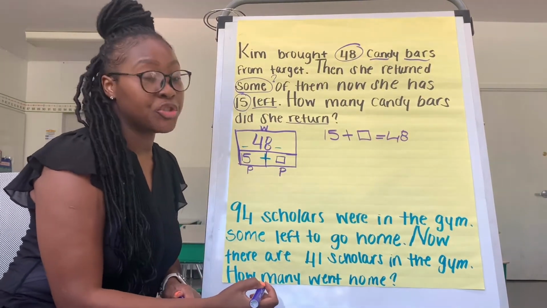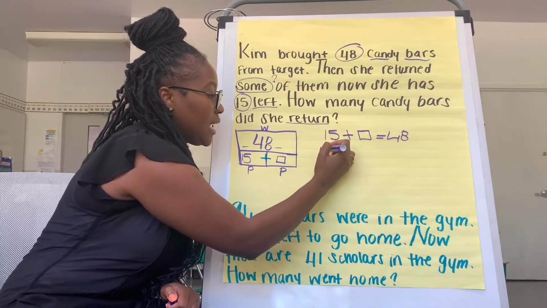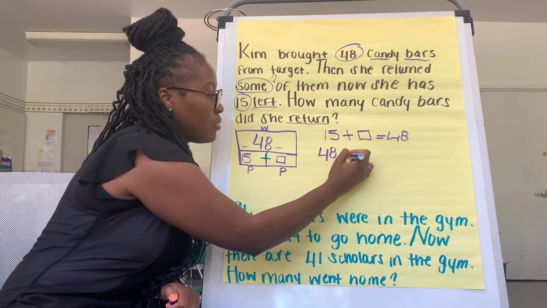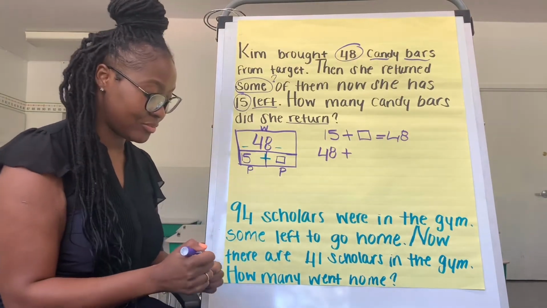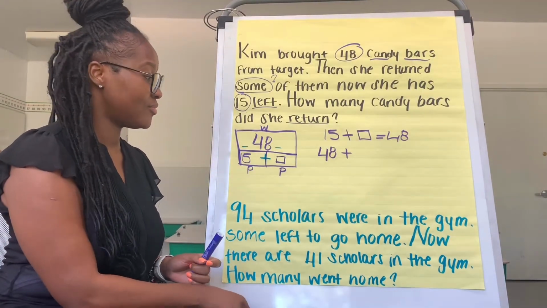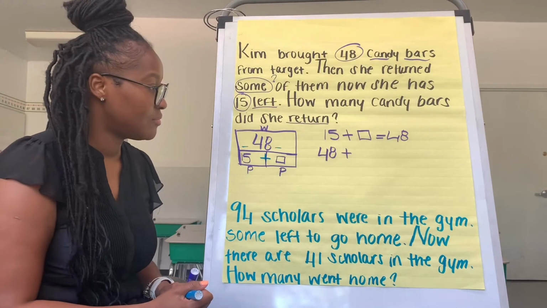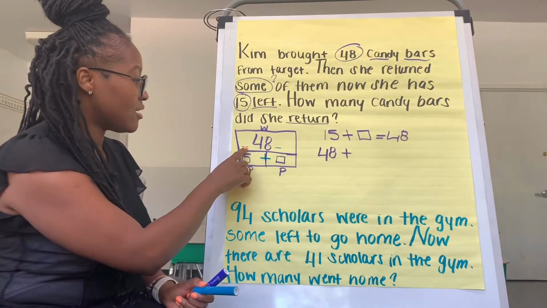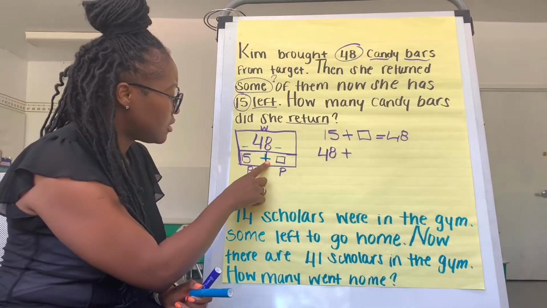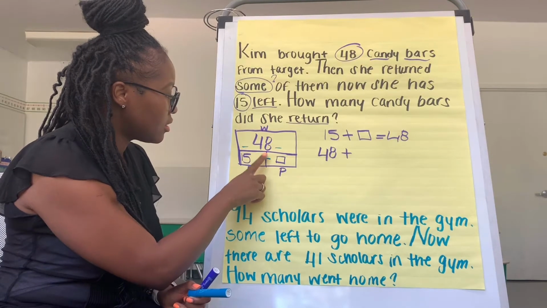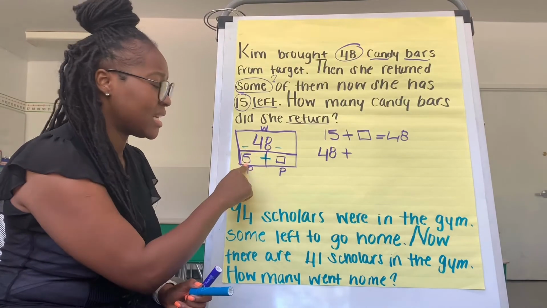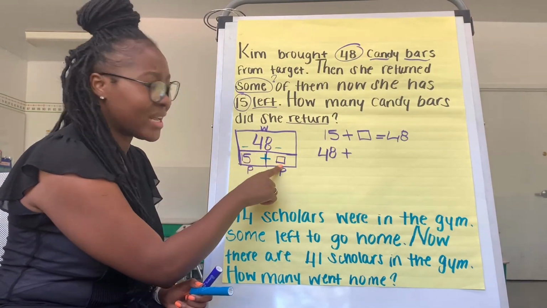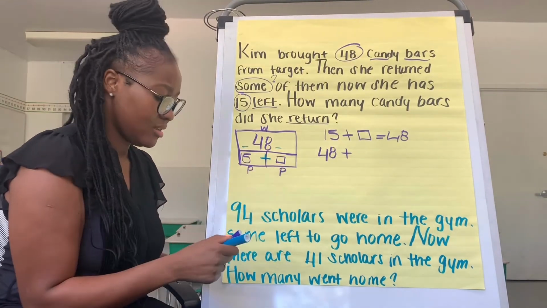Or I can do 48 plus, not plus, silly Miss Cruz. No. Someone help me. Let me use my little trick. Okay, I need to minus, right? 48 minus 15, or 48 minus my unknown part.